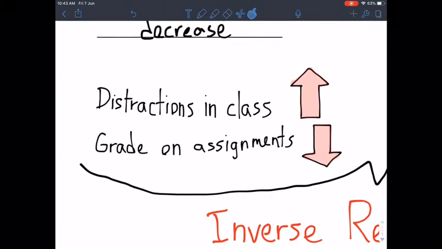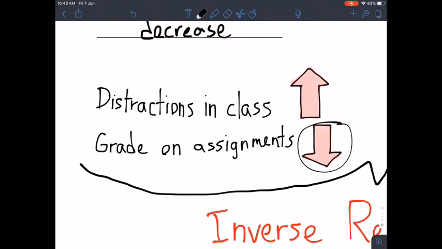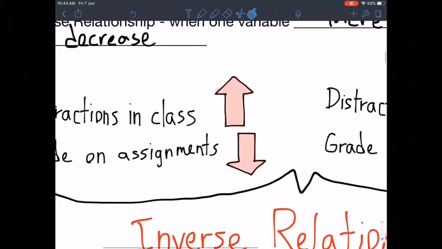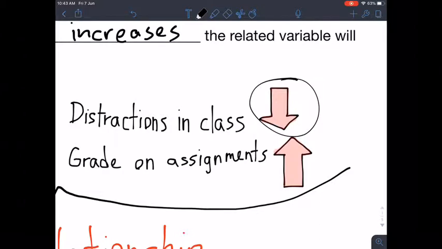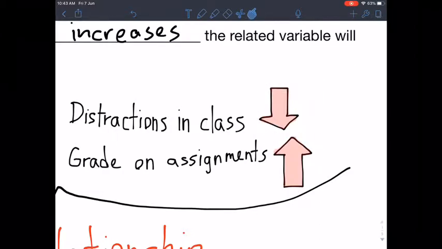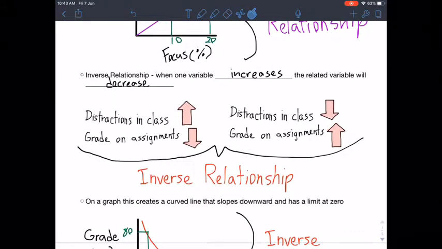So if the distractions in class increase, then you're going to have a decrease in your grade on the in-class assignments. Whereas if your distractions in class decrease, if they go down, then you're going to have better grades on your in-class assignments. That is an inverse relationship.